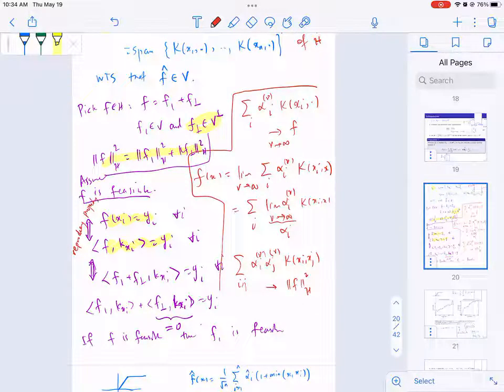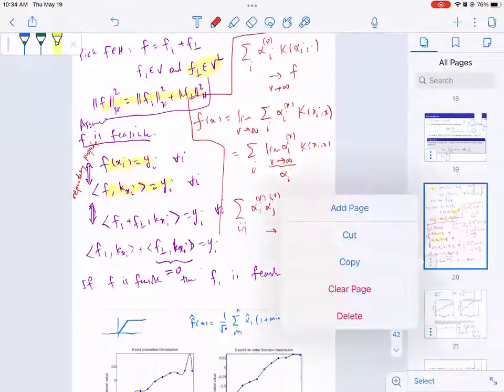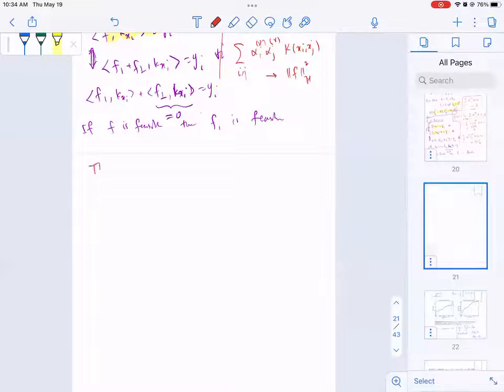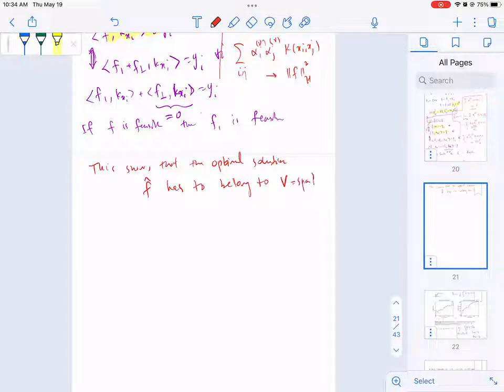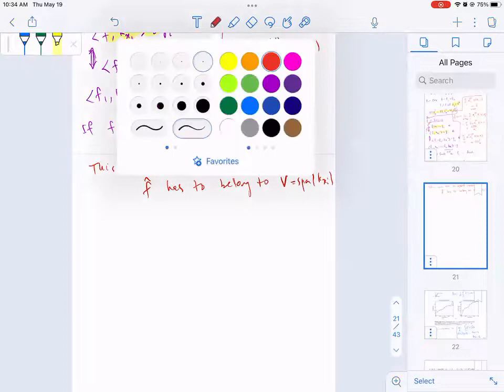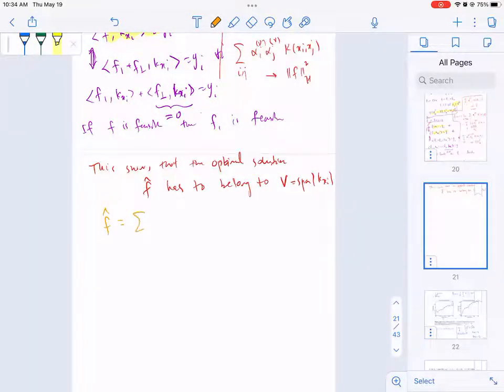So this shows that the optimal solution f hat has to belong to V, which is the span of k(x_i). So then I'm going to write f hat as this, for some alpha, right?